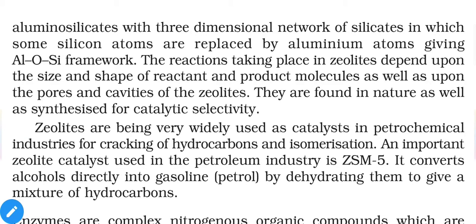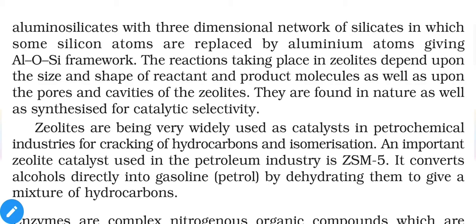For example, if you want to obtain octane, usually the main composition of petrol, then we need 8 carbon chains. So we will select a zeolite which only allows 8 carbon chains to pass at a time, and most of the products will be octane. So the purity of the product will be comparatively high and the reaction will be easier.